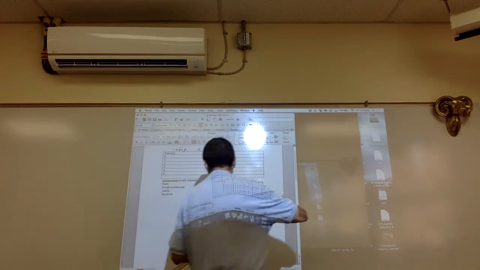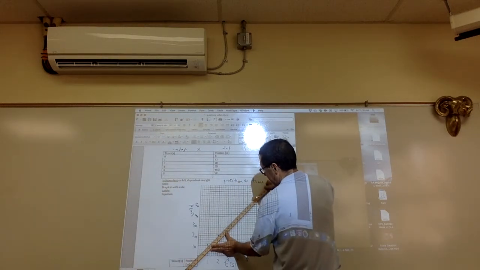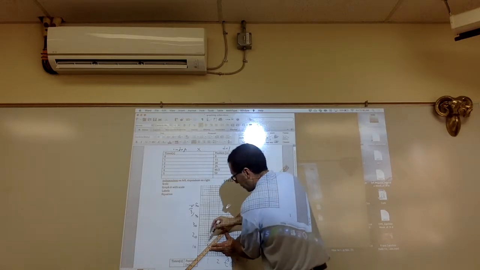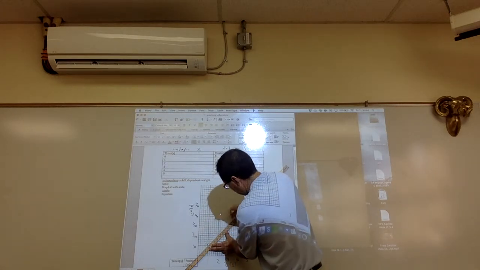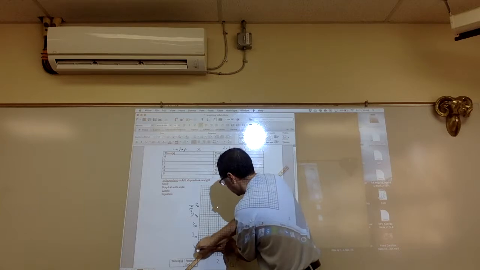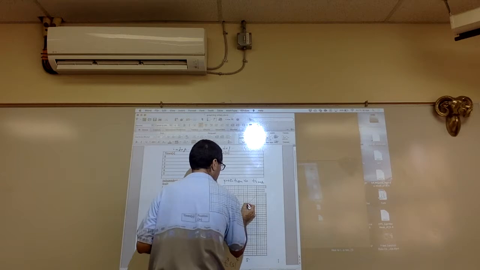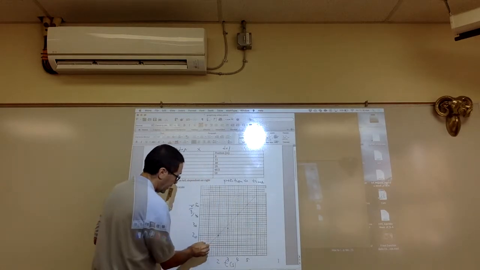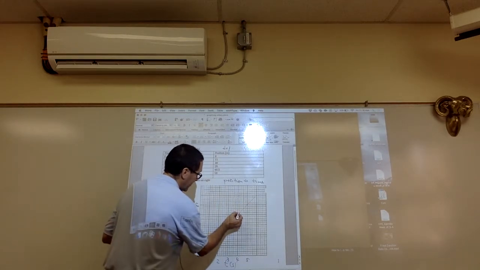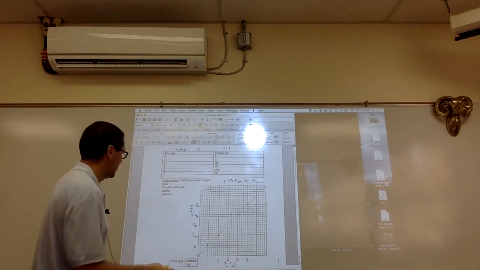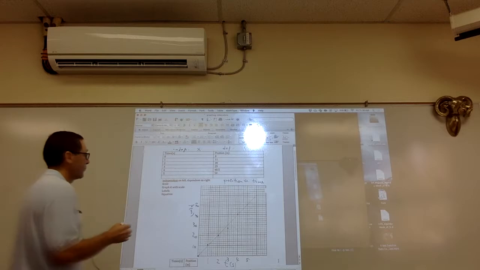So I'm going to try my best to do that. I'm going to go with this line here. So I'm leaving one here, and a tiny bit up there, which is okay. If you have an odd number of points, you can leave 2 on one side and 1 on the other.